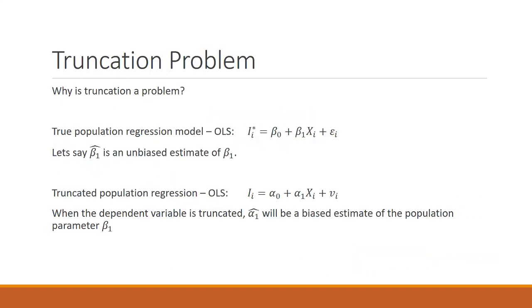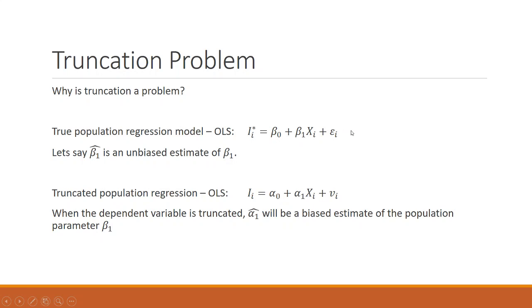Now, why is truncation a problem? What we want is to estimate the coefficient from the true population regression model, which would be the regression model of I star regressed on some set of independent variables.